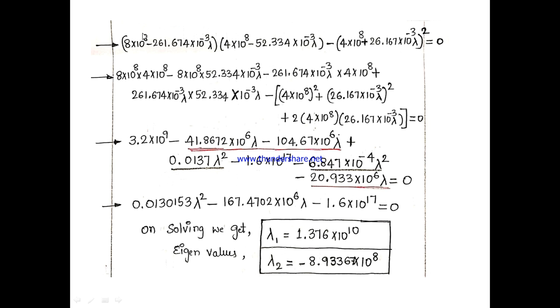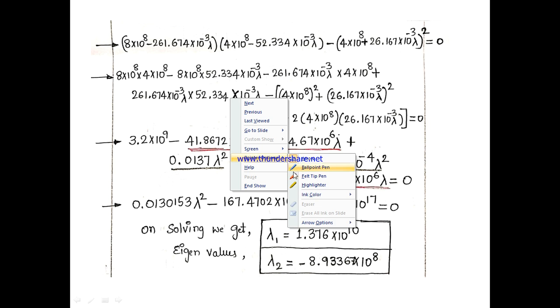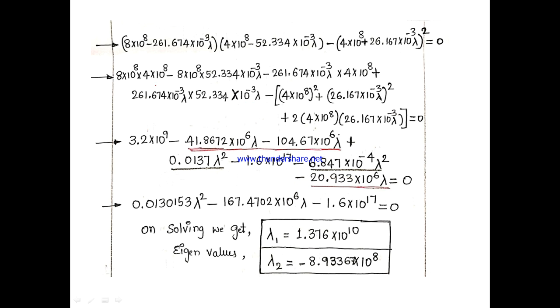Okay, after this multiplication, here I wrote this total value into this total value. Here I am going to multiply 8 into 10 raised to 8 into 4 into 10 raised to 8, and 8 into 10 raised to 8 into 52 point this thing. Later minus 26.674 into 4 into 10 raised to 8. Next, minus 26.67 into 52.34 into this value.